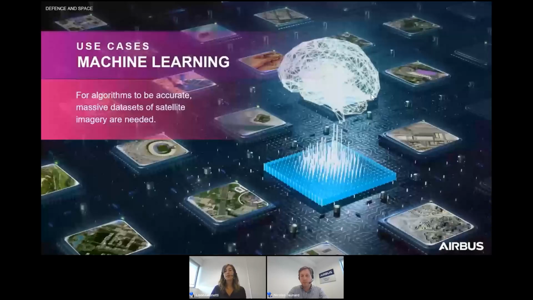So machine learning has been really an exploding use case for the past years and made possible a lot of applications for specific markets which were not existing in the past. So it's really the complementarity between all the applications we mentioned that is expanding all the uses possible of satellite imagery.